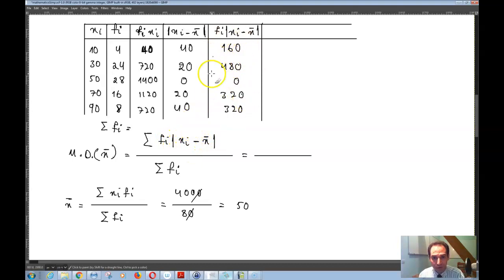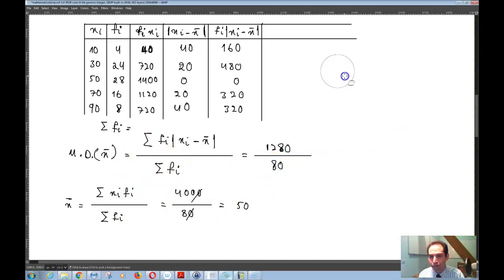You have to add all of these numbers together: 640, 480, and 160, which gives 1280. That's sigma f sub i times the absolute value of x sub i minus x bar, that's 1280. 1280 divided by sigma f sub i, which is equal to 80.